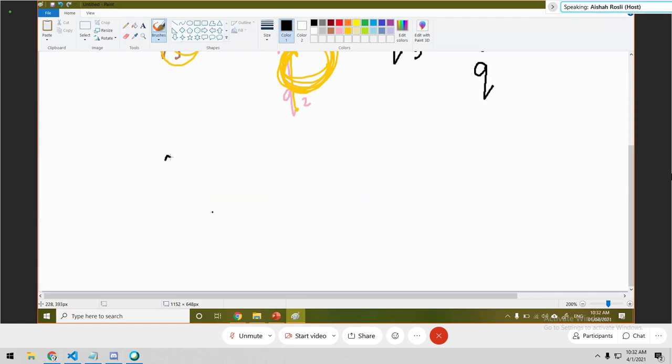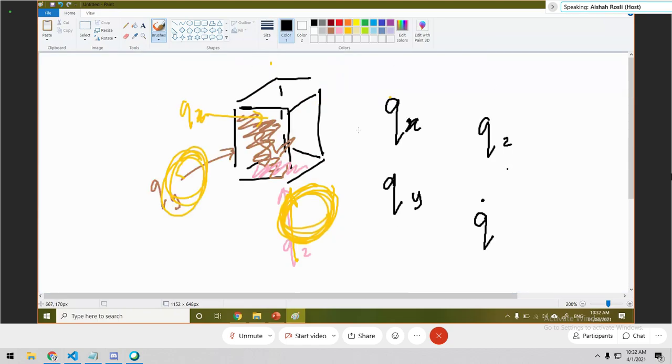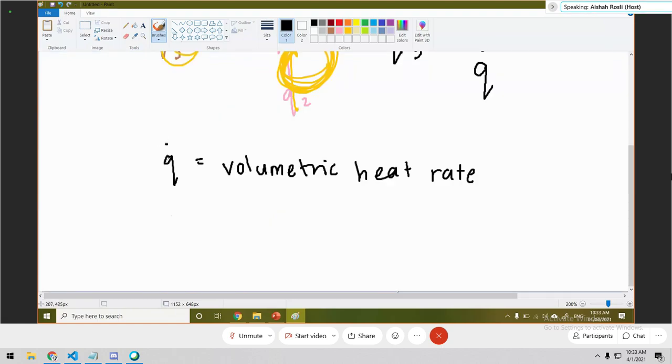This Q is the volumetric heat rate. So Qx, Qy, and Qz are the heat in only one direction. But Q here is the volumetric heat rate. That means it already considers the heat coming from all directions.